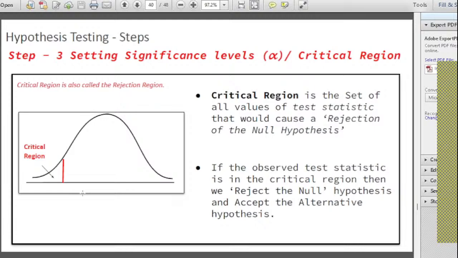Now tell me, you pulled up a sample and when you tested it, it indicated that the actual error rate of that sample is 3%. Will you accept that sample or will you reject that sample?